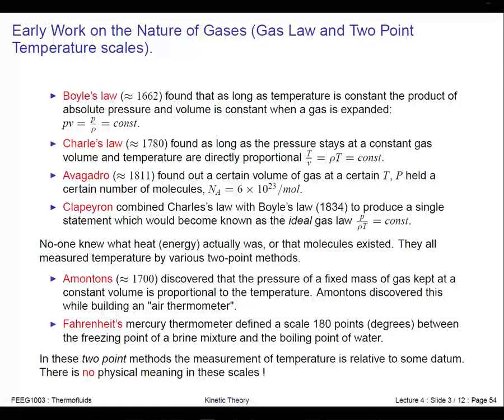But these are completely arbitrary measurements. You could invent another temperature scale with the melting point of cheese and the boiling point of sodium, and say there were 1,000 intervals between the two. All of these temperature scales were completely arbitrary. There was no physics in them. They were just a convenient way to measure something.